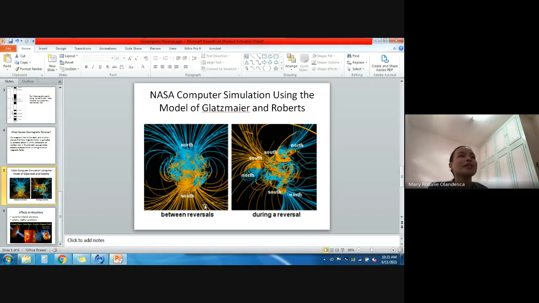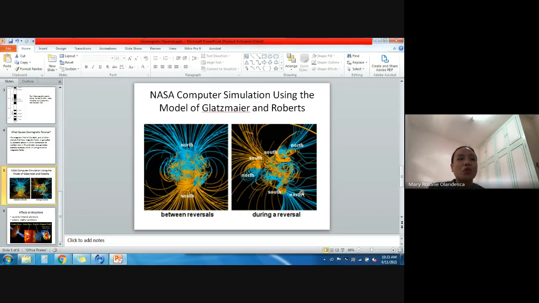Okay, now this is happening between reversals. But during a reversal, what is happening to the north and the south pole? They do not have this orientation anymore, just like the geographic north and the geographic south. Okay, the north could be here, the south could be here, because then and again, the Earth's magnetic field flips from time to time.